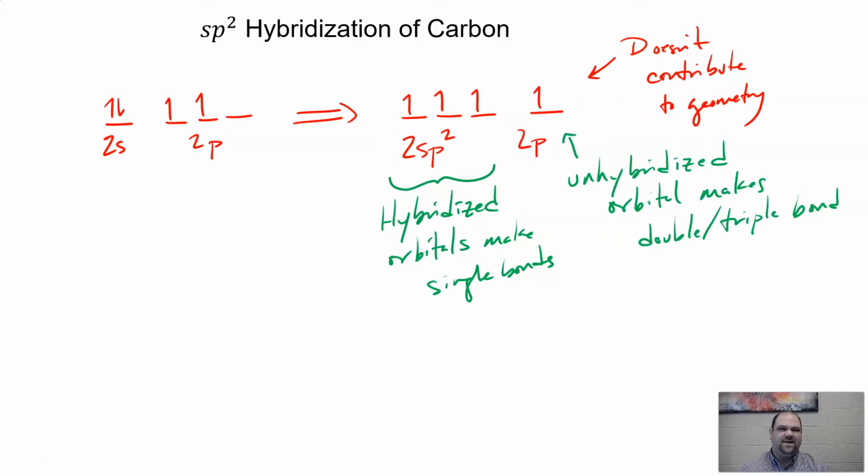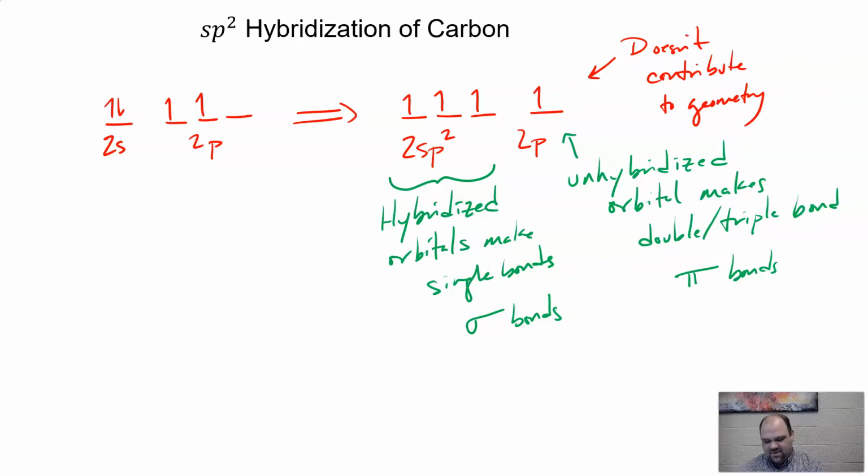We call the bonds that hybridized orbitals make sigma bonds, and the bonds that unhybridized orbitals make, pi bonds. So sigma bonds and pi bonds.